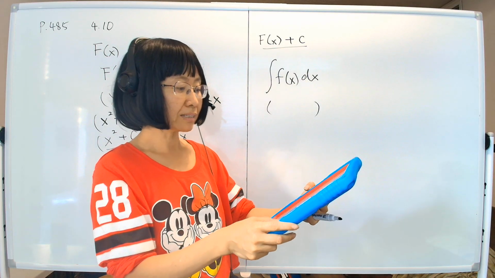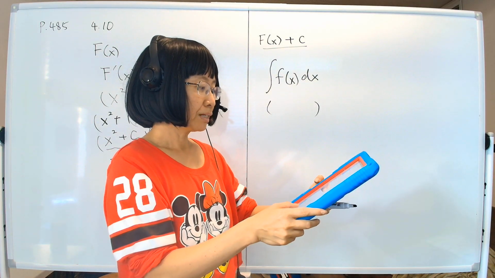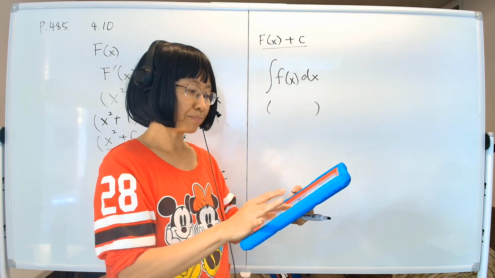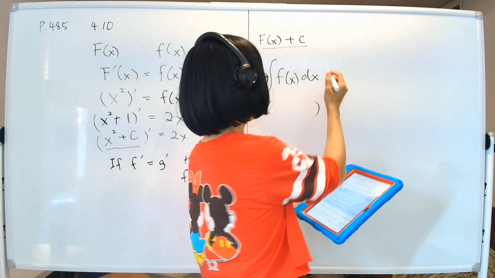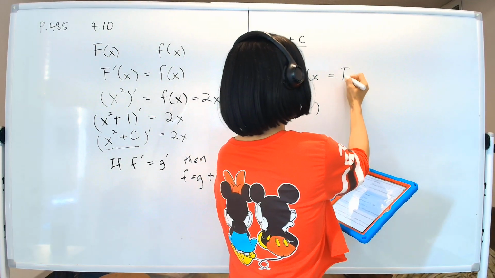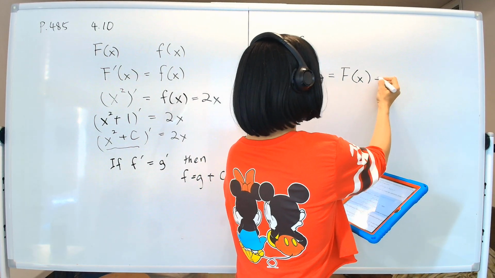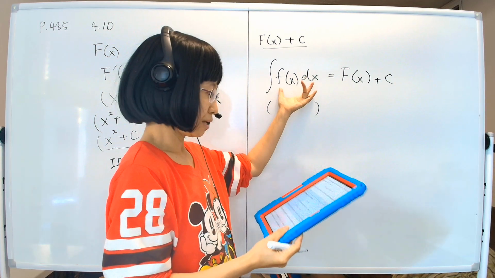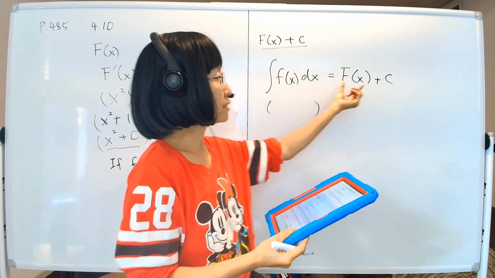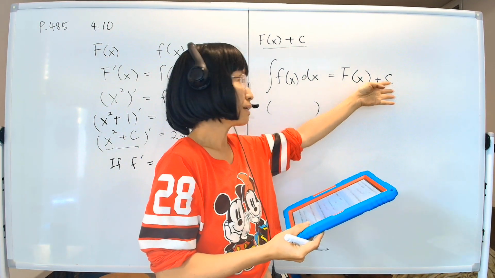So in this sense, for example, if you have an antiderivative big F, then the indefinite integral is equal to the antiderivative plus some constant. So basically the indefinite integral is the antiderivative except for the constant.